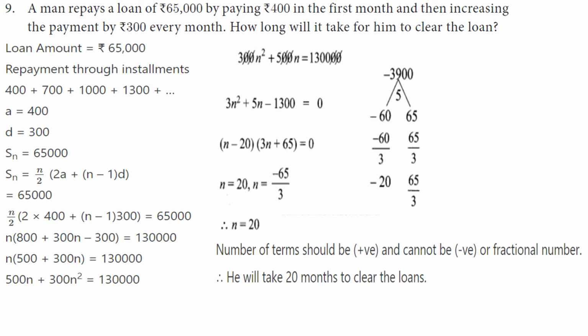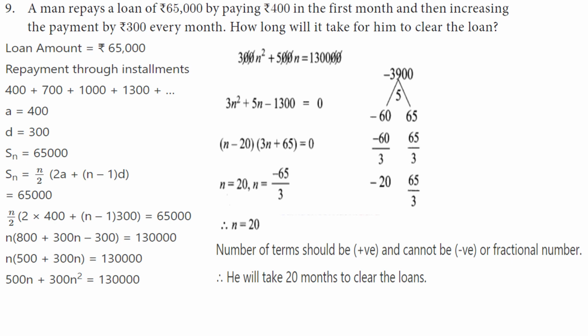So we get 400 plus 700 plus 1,000 plus 1,300 and so on. Here A equals 400, D equals T2 minus T1, 700 minus 400, which is 300. Sn is given as 65,000.